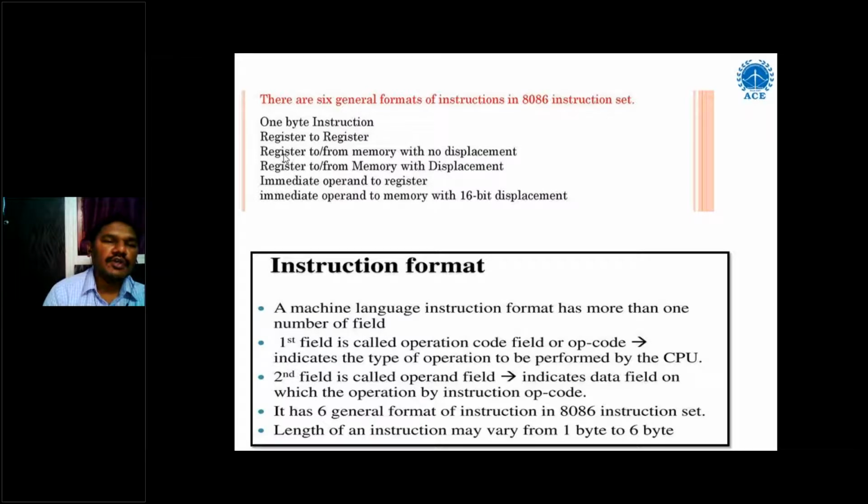And you know that instructions and data are stored in memory, and how to call the data from the memory, or how can you write the data from register to memory. Memory is available externally, so with some addresses, and that address concept is called with displacement and without displacement.